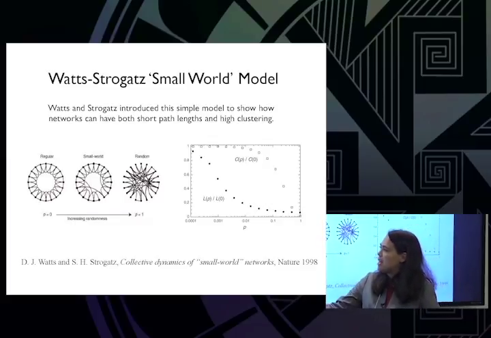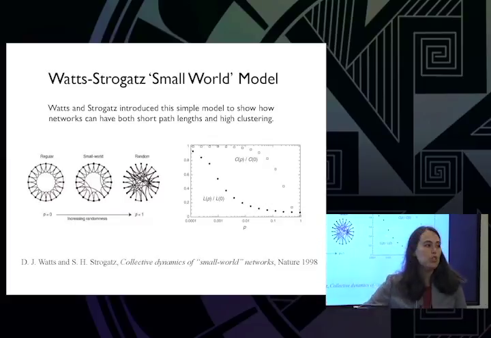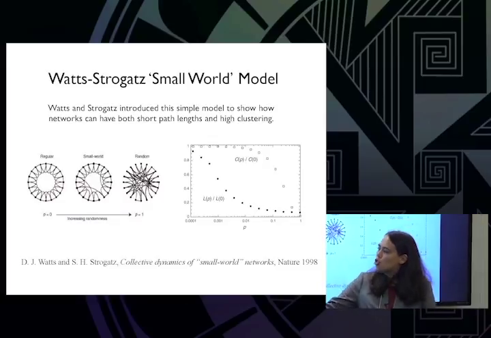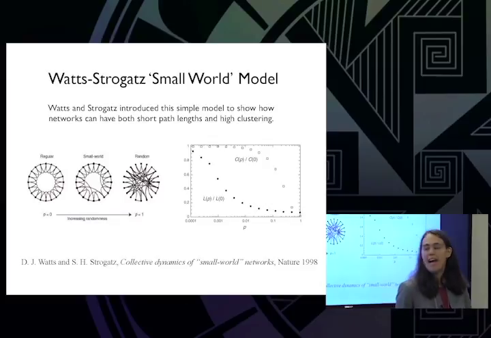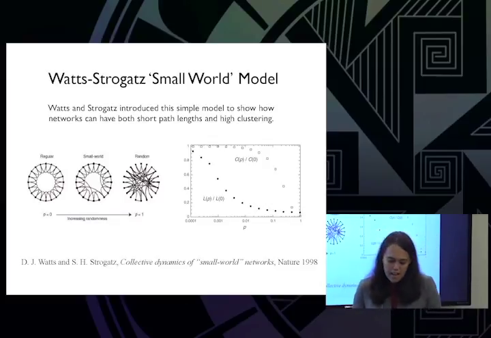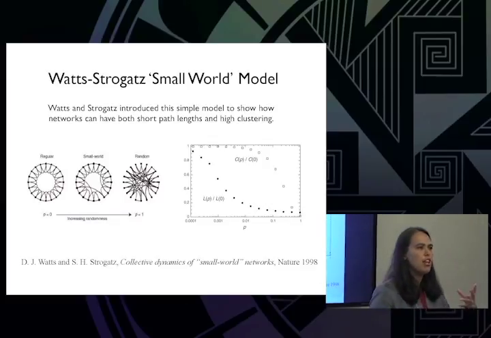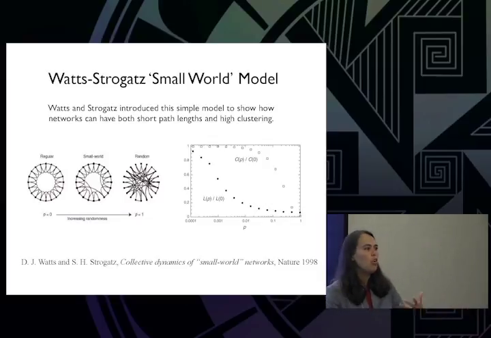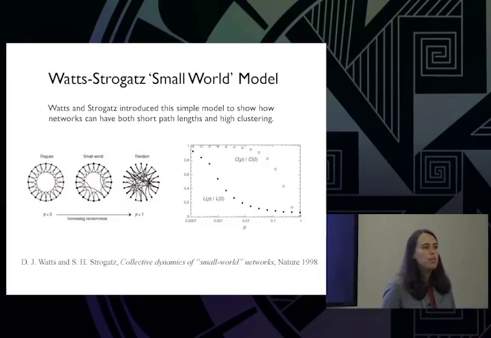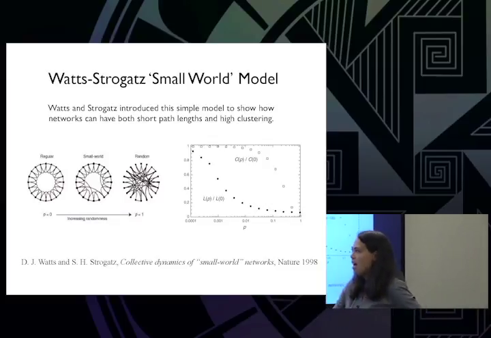So you get this intermediate structure, which is what they were calling small worlds, that has this strong local structure still, but also some long-range connections. You can think about that as, well, most people are constrained in their social networks to their local neighborhoods, but you have a few people who have these really long-range connections, these jet setters maybe.